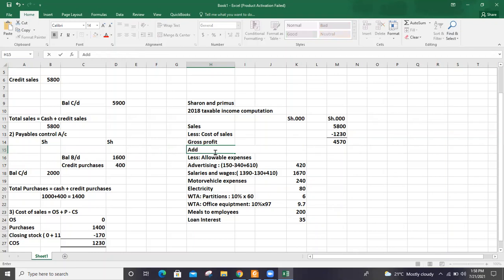So we add insurance compensation on stock. The insurance company compensated 35. Yes, we add there the 35. I think that is it. So what are the totals?